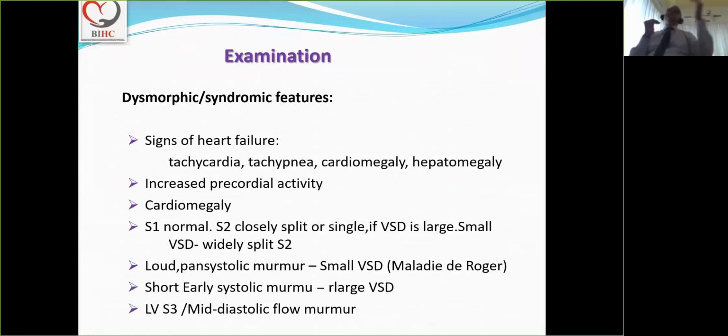But then it quickly equilibrates. So the murmur is heard only in that part, even though the shunt itself continues all through systole, but at a similar pressure. The murmur is generally an early systolic murmur. You may hear a third sound over the apex beat. You may hear a mid-diastolic murmur across the mitral valve because there is an increased flow there.